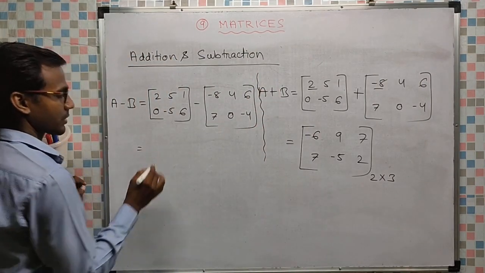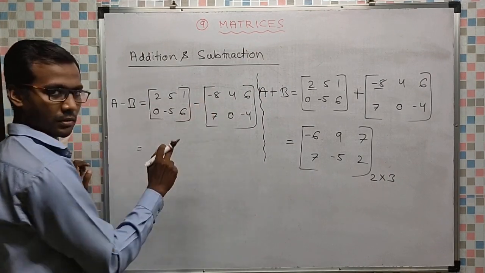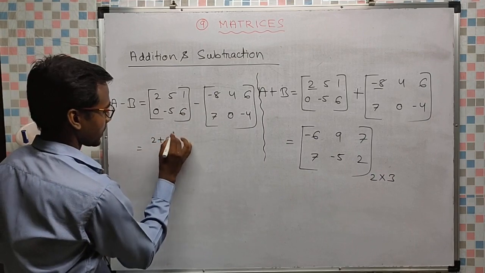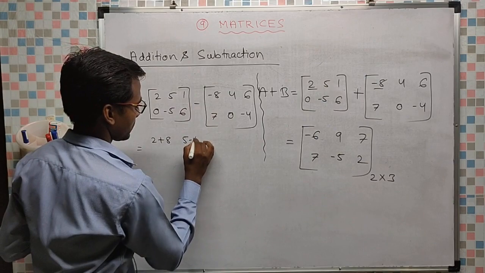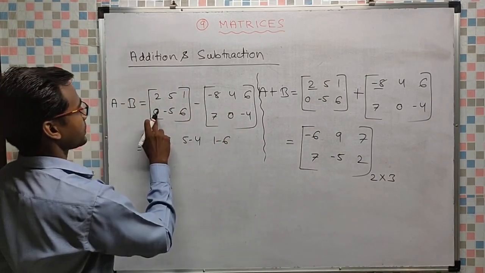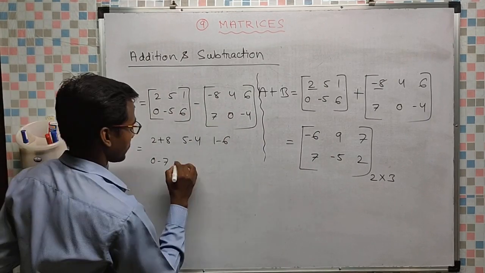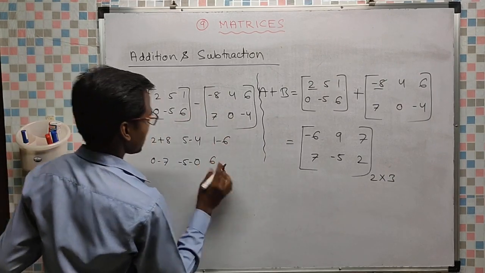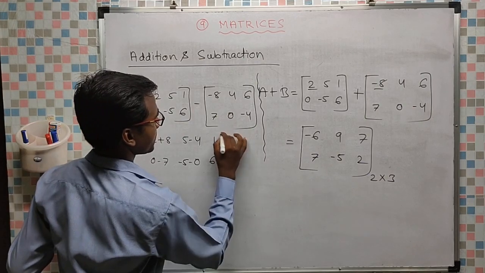We just have to subtract the corresponding elements. 2 minus minus 8 means 2 plus 8. 5 minus 4, 1 minus 6, 0 minus 7, minus 5 minus 0, 6 minus minus 4 means 6 plus 4.